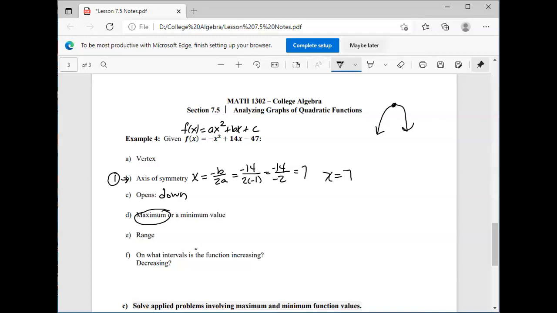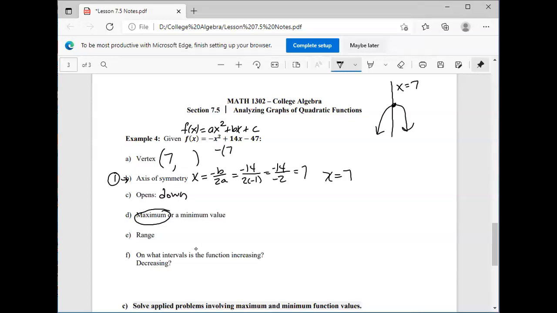Anybody lost? So if I draw this line right through here, this line should be x equals 7. Okay. So what I know about my vertex now is that the x part of it is going to be 7. I need to find the y part of it. To find the y part, all I have to do is plug in 7 right here.